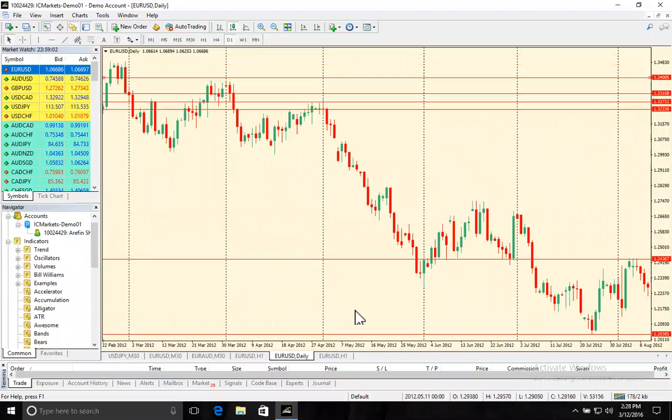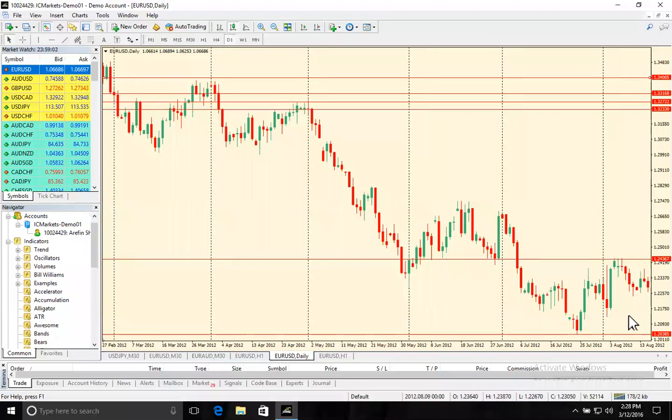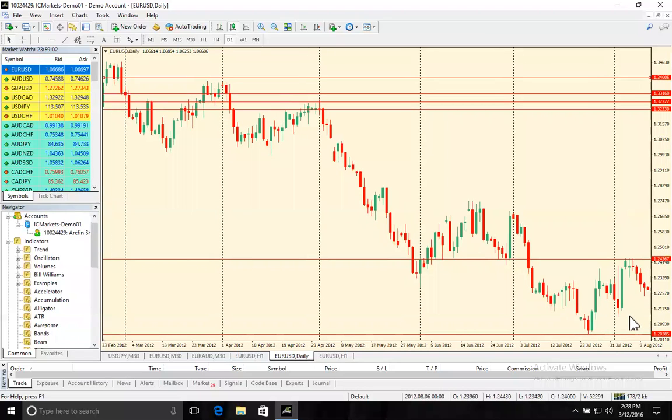Okay, so this is where we are right now. Here you can see this is your support. The price is coming down from this resistance level. You suddenly see this bar and you alert yourself, right? Then what you do is wait for the next bar.